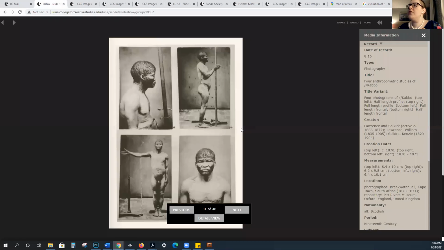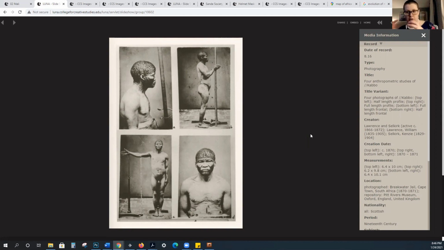And so there was this fascination, this obsession with measuring African bodies and Indian bodies and anyone who looked different, in an attempt to prove that, oh, they have a smaller cranial structure, therefore their brains are smaller, therefore they are not as evolved, etc. You can see how photography could give this credence.